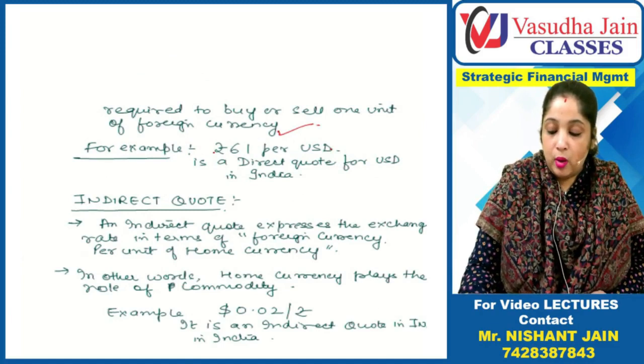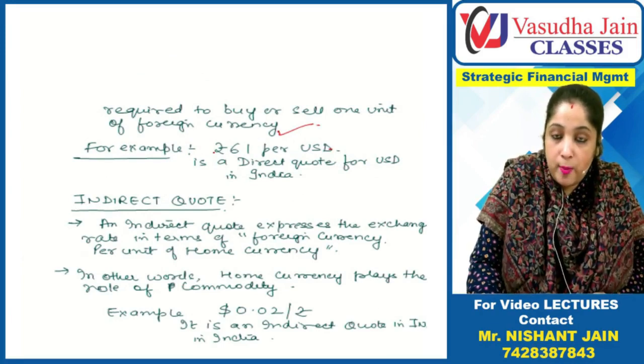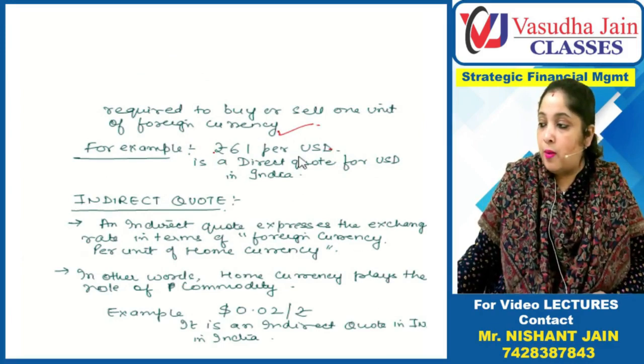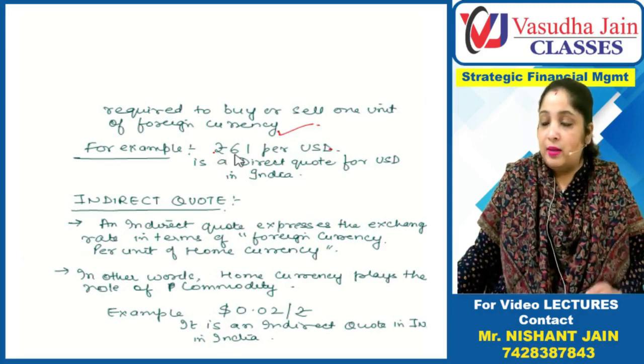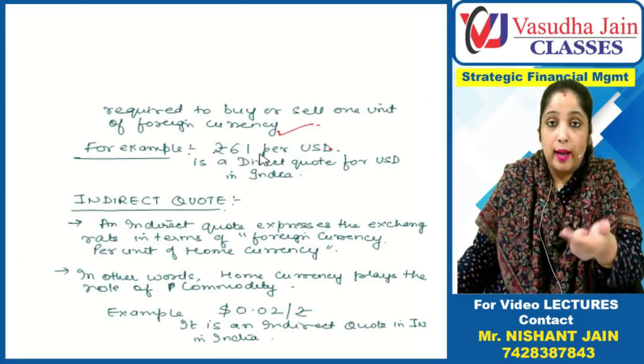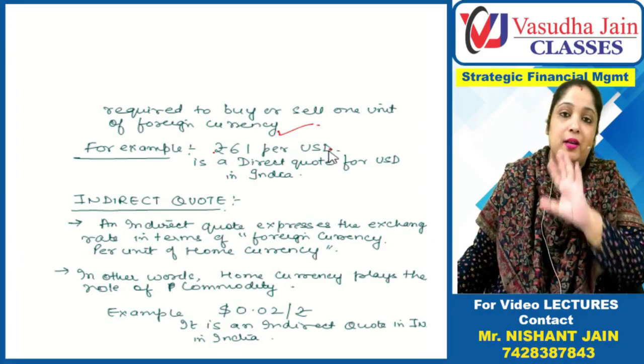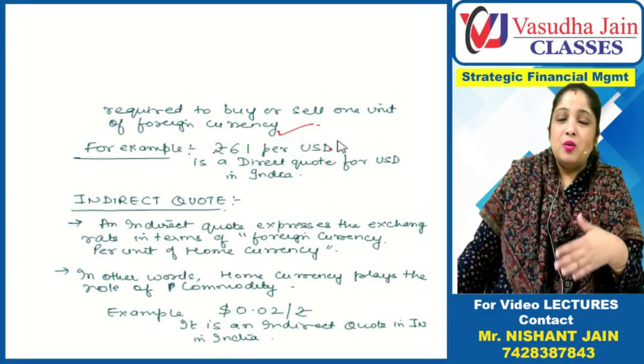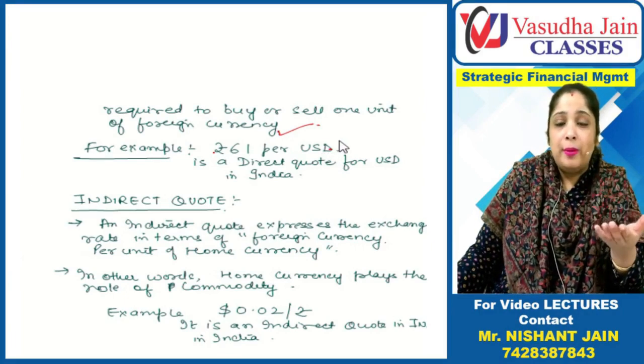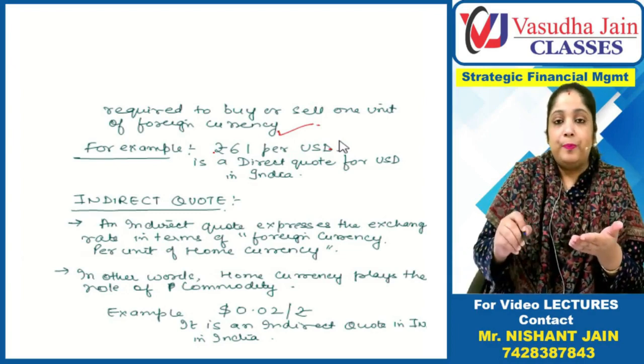So this is a direct quote. Now number of home currencies required, rupees 61. This much home currency is required to buy 1 unit of foreign currency. This is a direct quote. So in English it is so complicated when you write down the definitions.